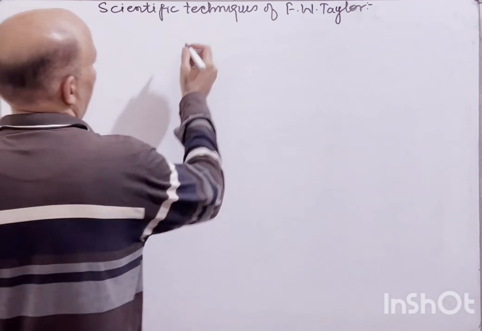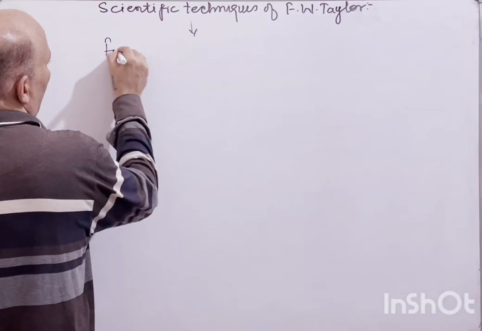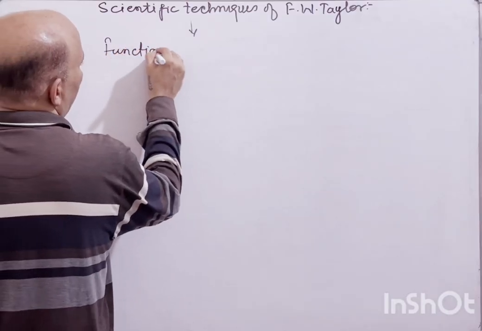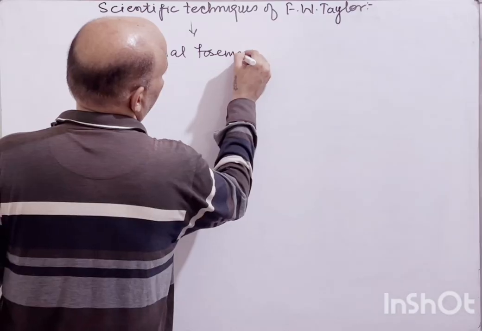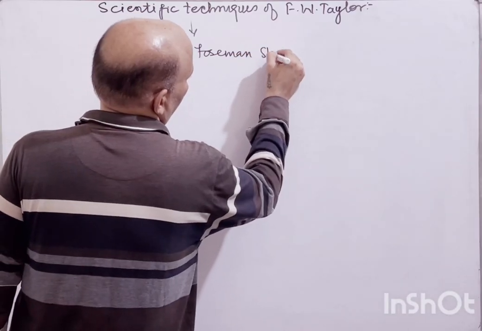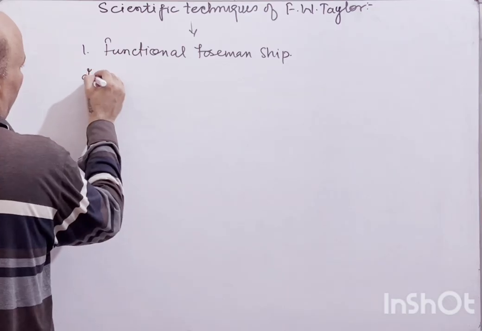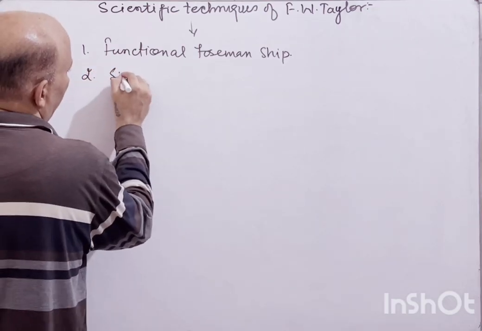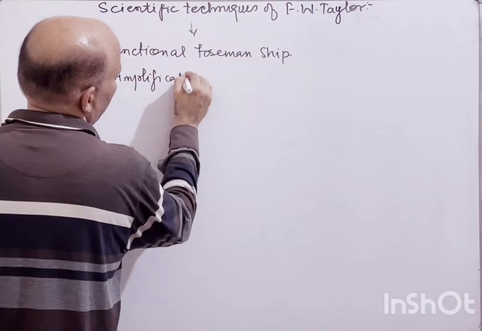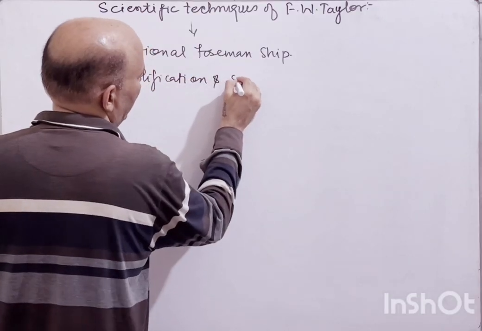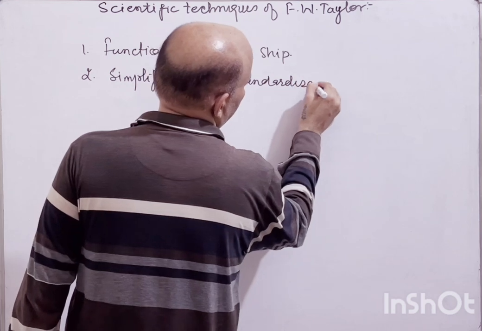And what are those techniques? Names of those techniques. The first thing is functional foremanship, right? The second one is simplification and standardization.